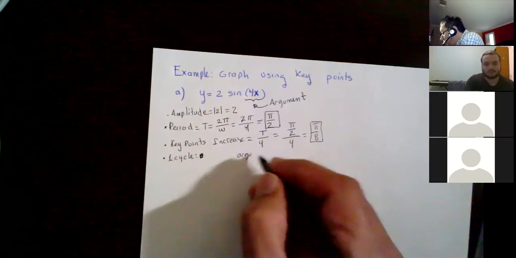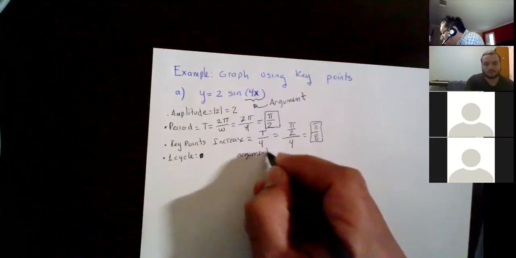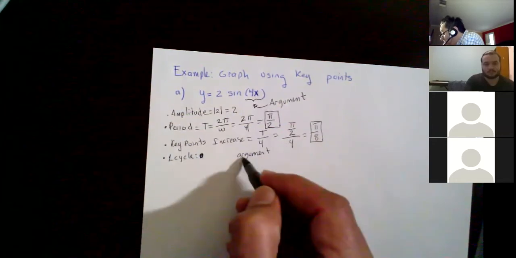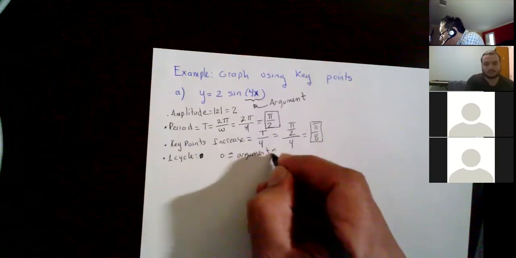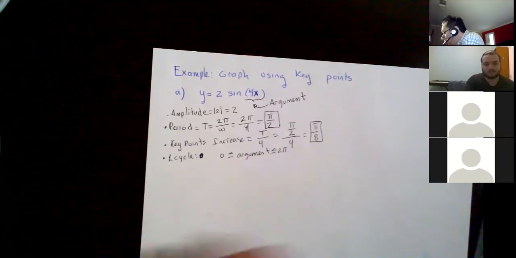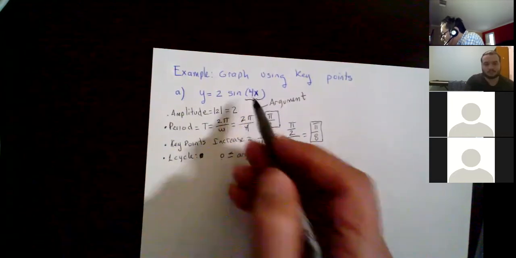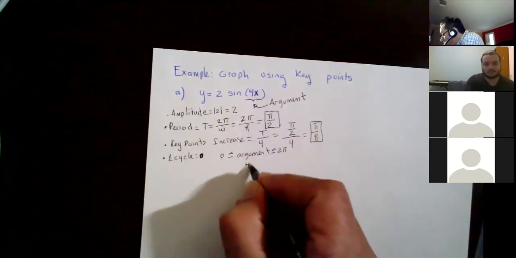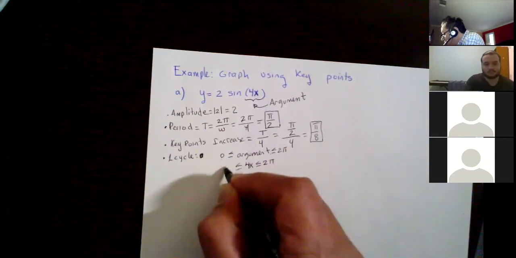So one cycle is the argument. To find one cycle, this is the argument greater or equal than 0, but less or equal than 2 pi. Why is that? Because we know that the sine goes from 0 to 2 pi. What is the argument? The argument is 4x, less than 2 pi, greater or equal than 0.